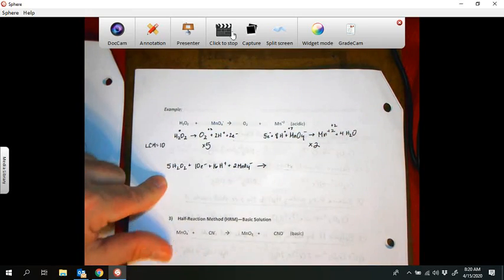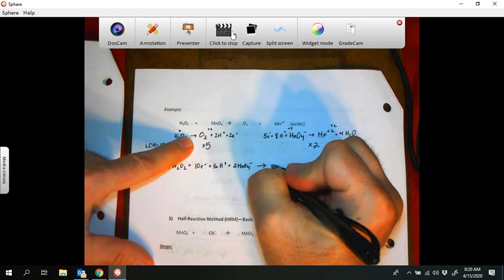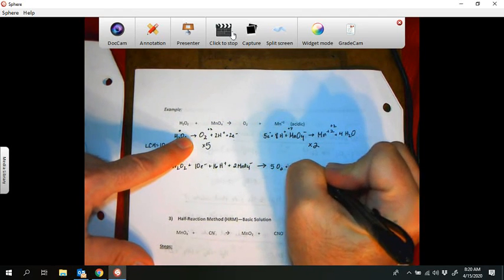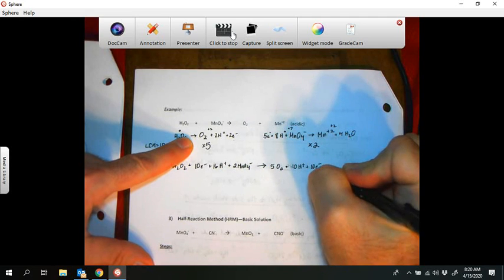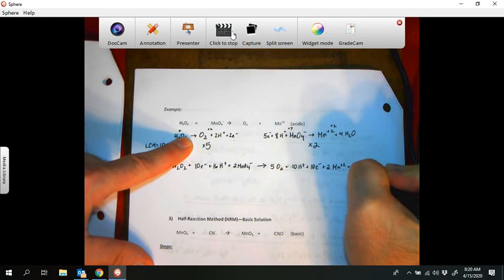So that's everything from the reactant side. Now the product side: 5 O2 plus 10 H plus, 10 electrons, plus 2 Mn plus 2, plus 8 H2O.